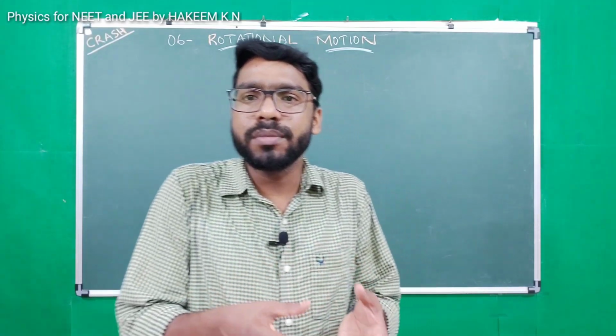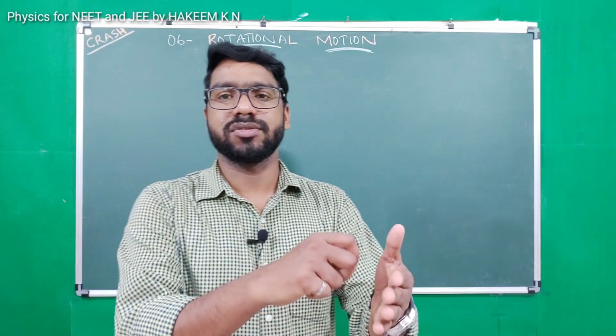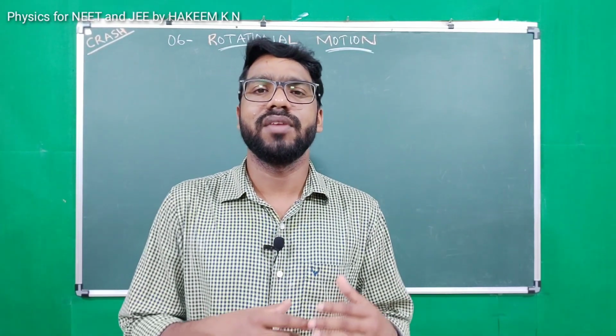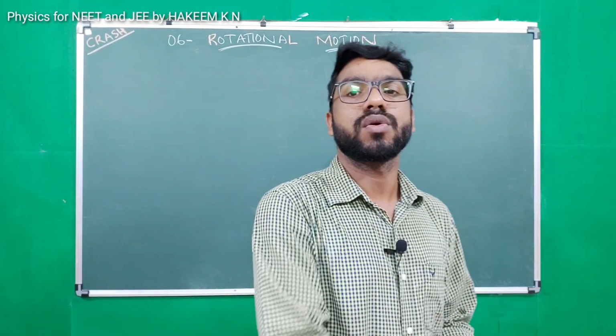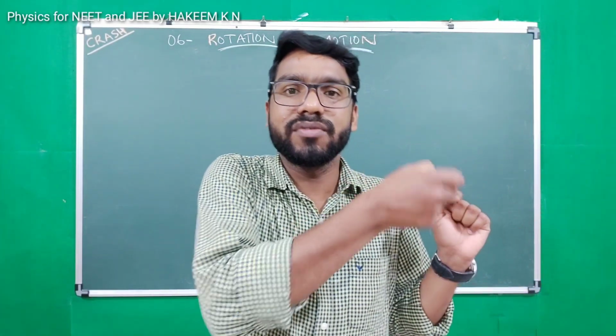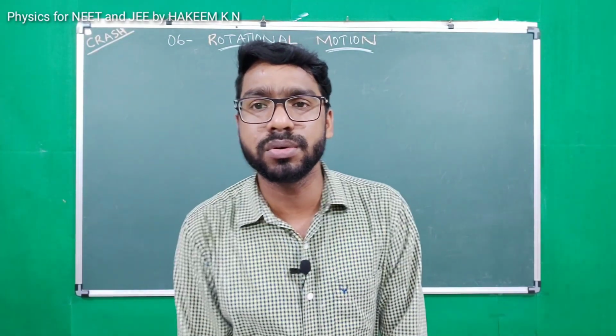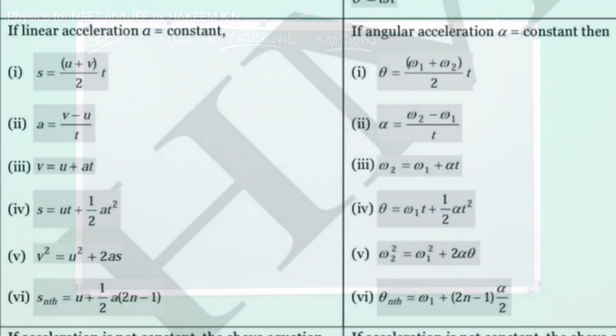And in uniformly accelerated motion, if acceleration is constant, we can use equations of kinematics and make equations of rotational dynamics, where we apply angular acceleration alpha equal to constant. Displacement is equal to u plus v by 2 into t, where u plus v by 2 is the average velocity in uniformly accelerated motion.